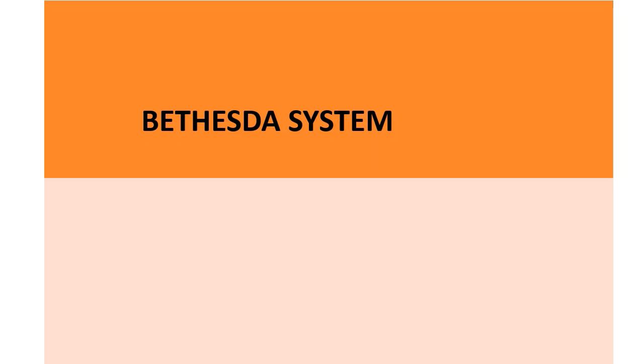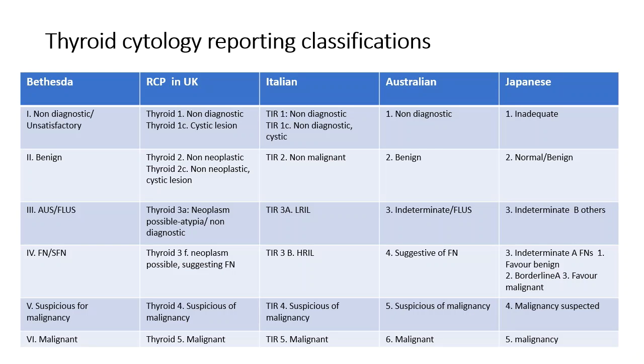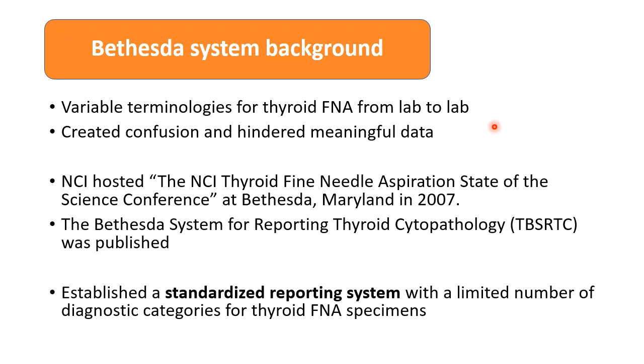So coming to the Bethesda system for reporting of thyroid cytology. Before the Bethesda system, we had multiple reporting classifications, but none of them were accepted internationally. Why was the Bethesda system needed? Because variable terminologies were used for reporting thyroid FNAC from lab to lab, which created confusion and hindered meaningful data.